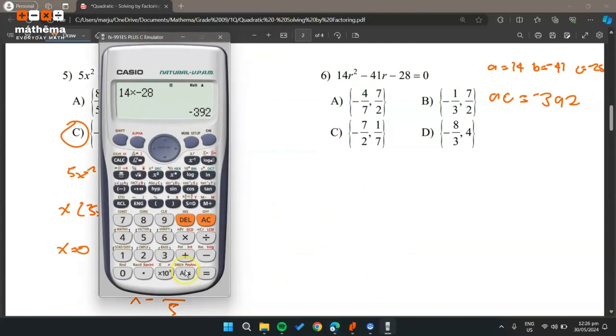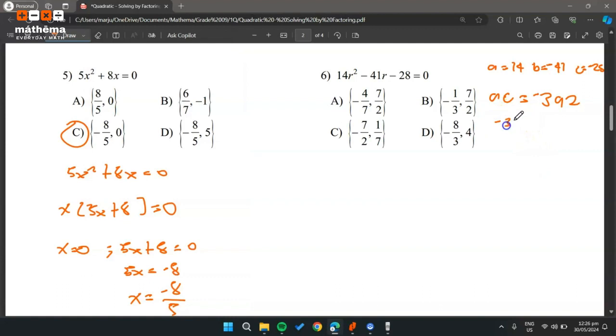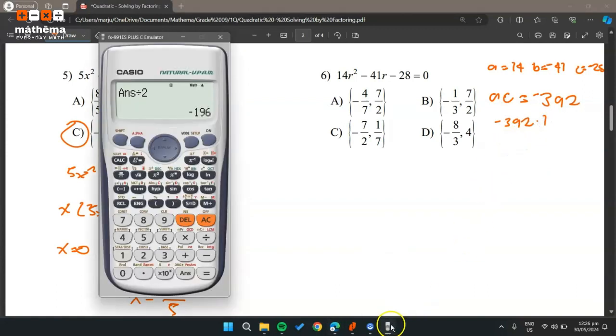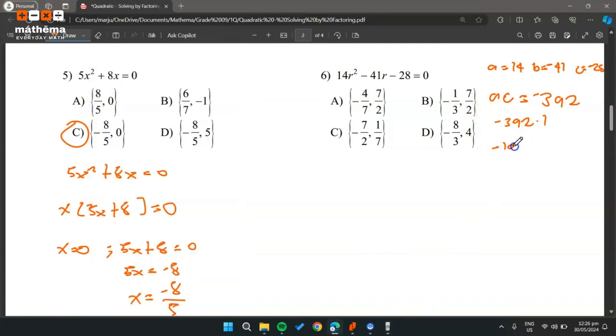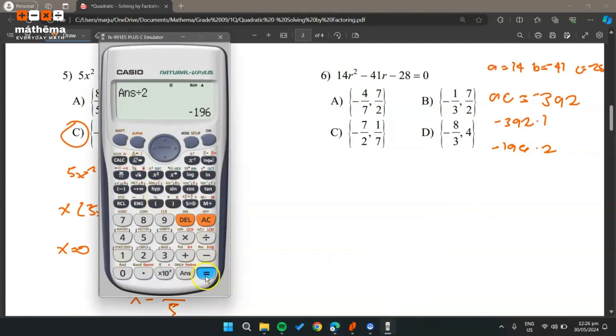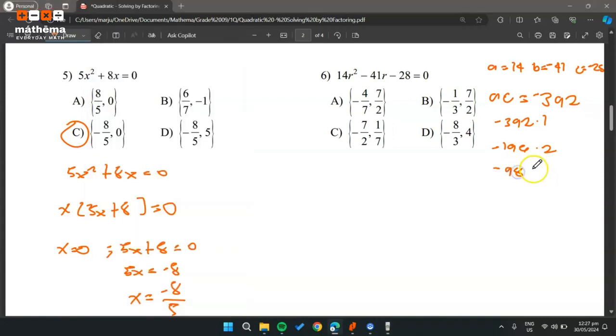So we will do divided by 2. That's the easiest or the quickest way. So we have 196. By the way, we have 392 times 1. And we also have 196, negative 196 times 2. And then divided by 2 again. That should give us negative 98 times, which is now 4.